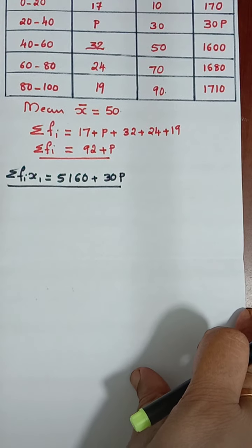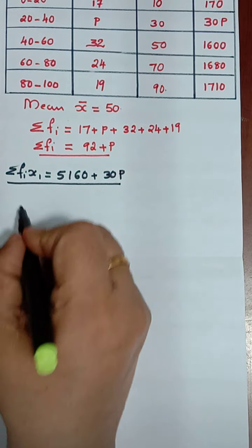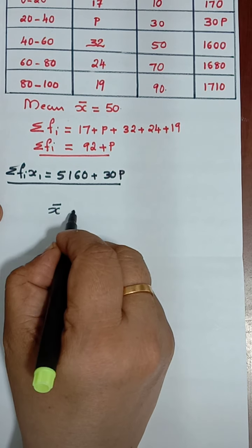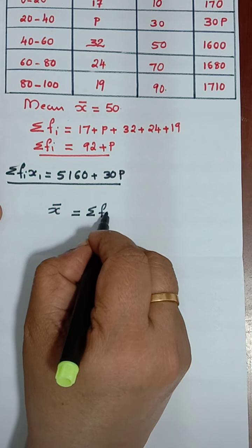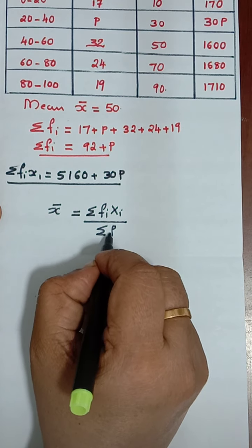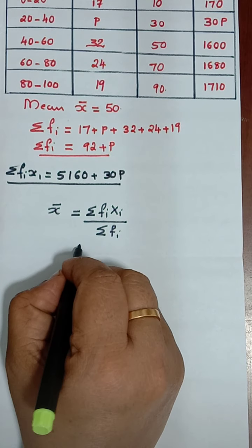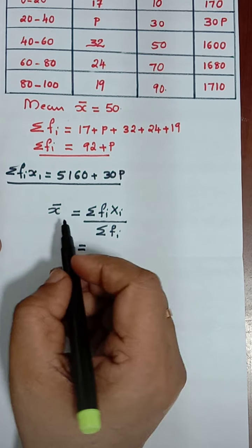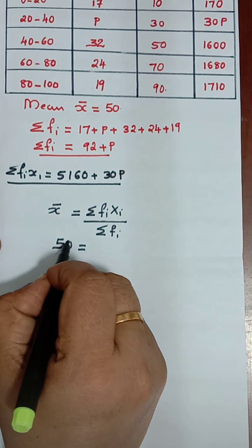What's our formula? The formula is x bar is equal to sigma fi xi by sigma fi, direct method. Mean is given to us: the mean of the following distribution is 50.